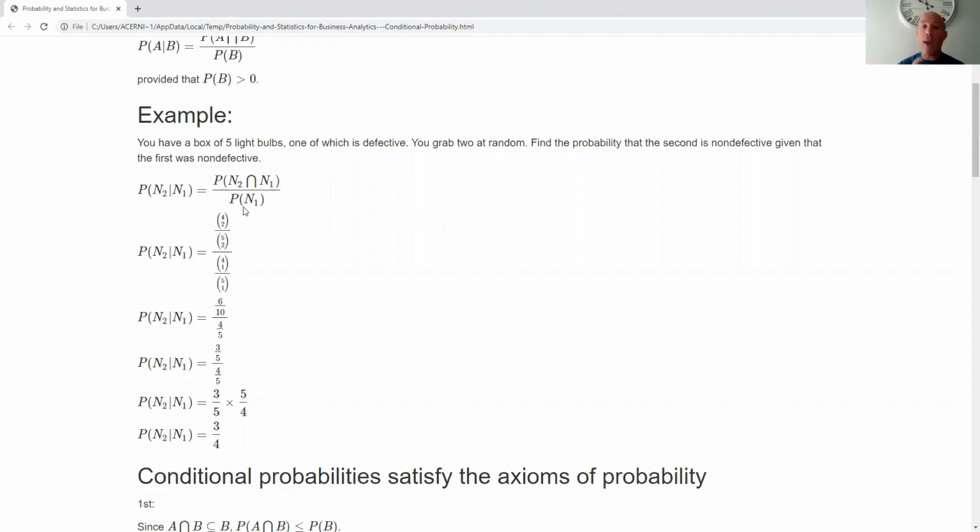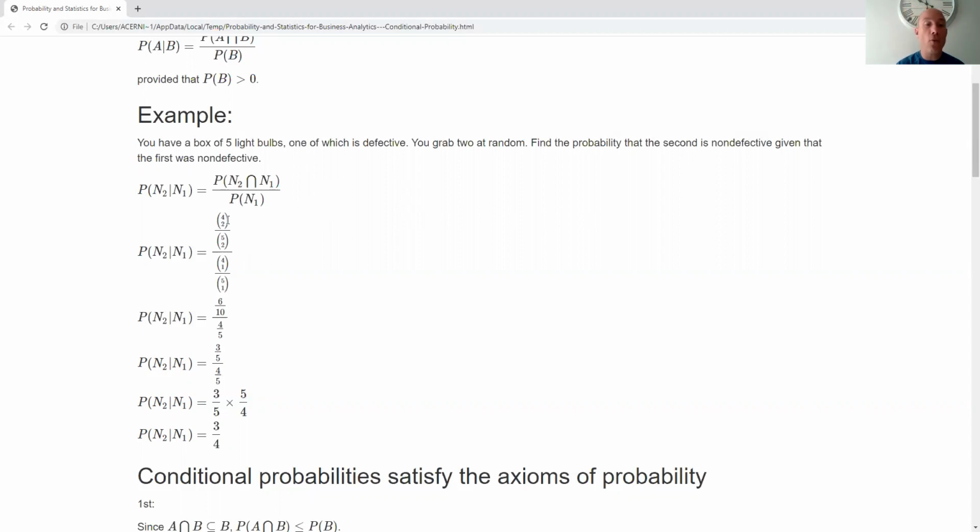How do we calculate this? The probability of both of them being non-defective is the probability that I grabbed 2 out of the 4 good light bulbs divided by all the possible ways I could grab 2 out of 5 possible light bulbs.